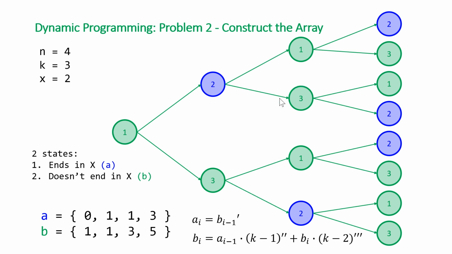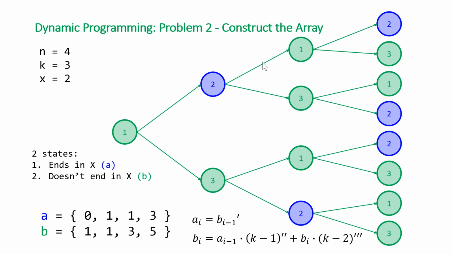So both of these are going to be contributing to the number of arrays that don't end in x. And we can calculate that by basically taking the number of elements that end in x and multiplying it by k-1. k is the possible number of values that we can have. And we subtract 1 from it because we know that we can't use our value that is x.